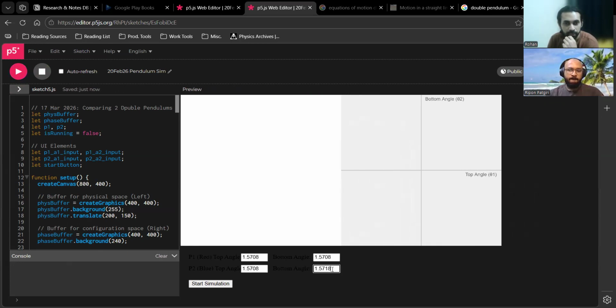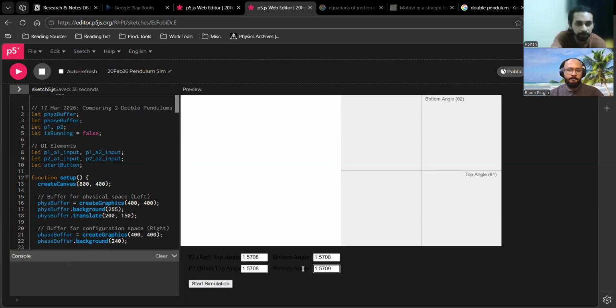What I'm going to do here is change only the fourth decimal place of the top angle. So they're almost equal. The fourth decimal place is insignificant in a lot of real life events. As I've said, leaving your home for office at 9 a.m. or 8 seconds later doesn't make any significant difference. But you'll see how sensitively dependent it is on initial conditions. I have changed the fourth decimal place.